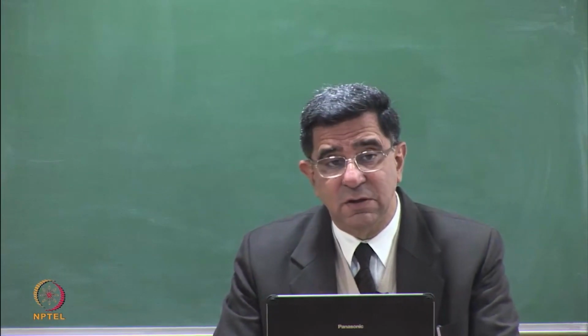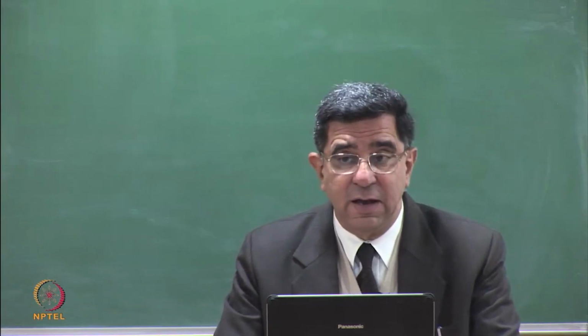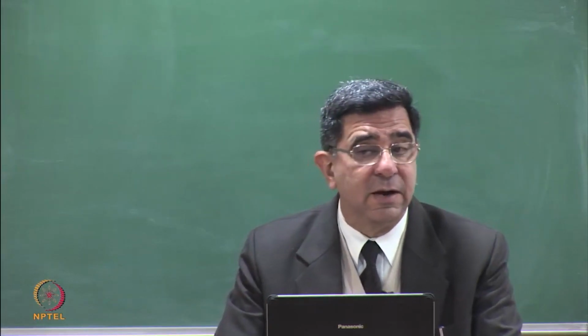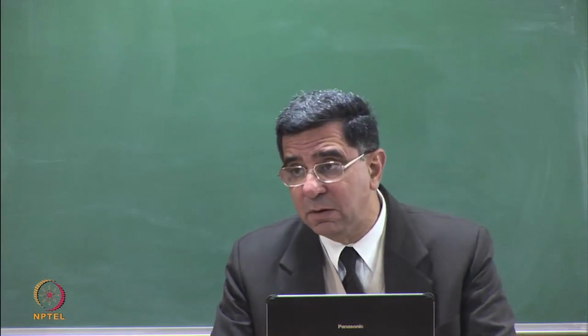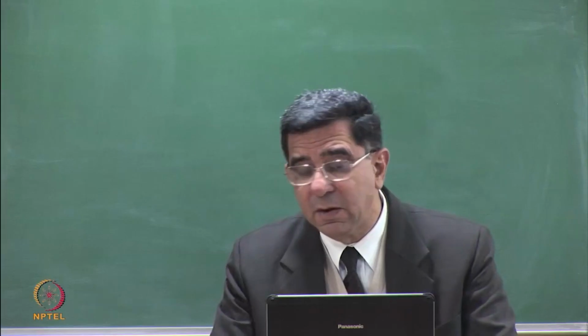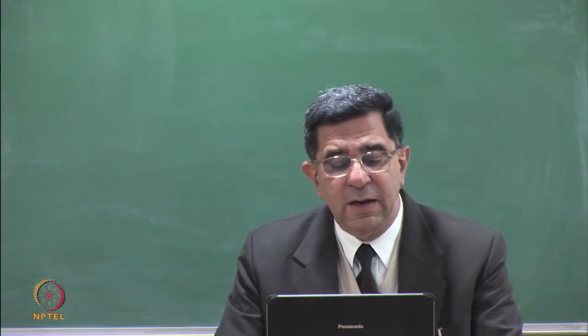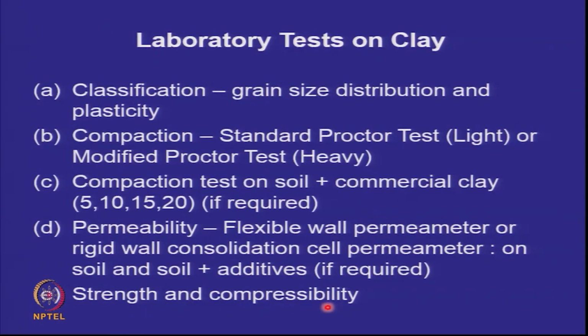If I think I have saturated a sample, but it still has got air in it, it's going to give you a lower permeability, and you are going to feel very happy that you have got a soil which meets the permeability requirement.